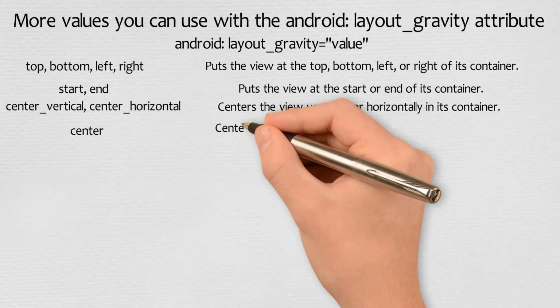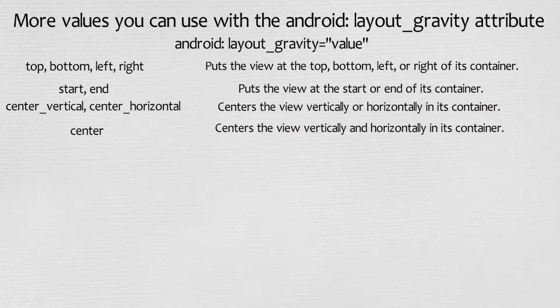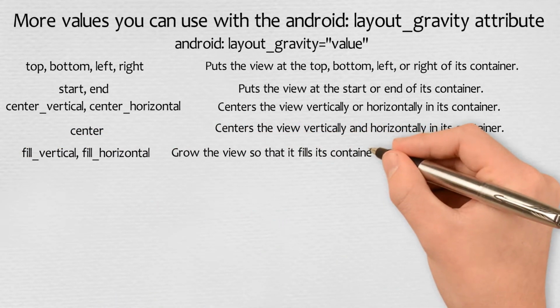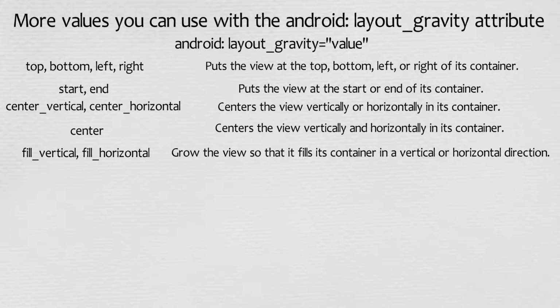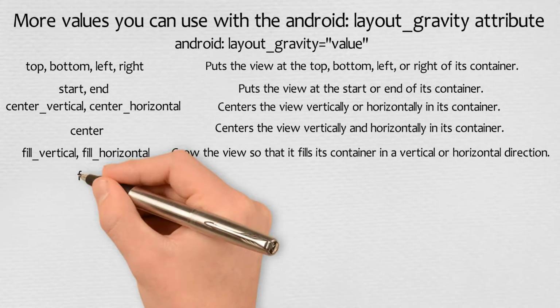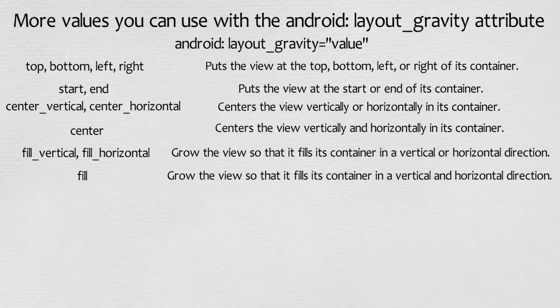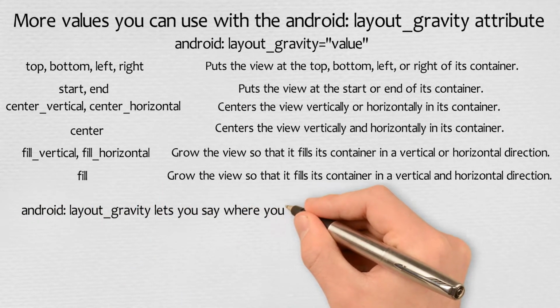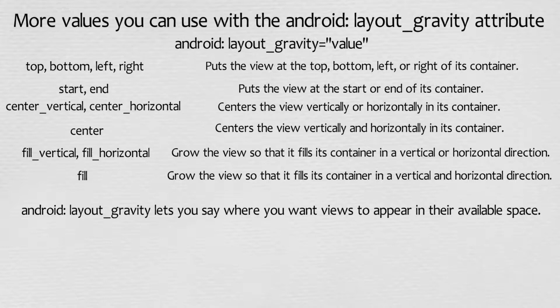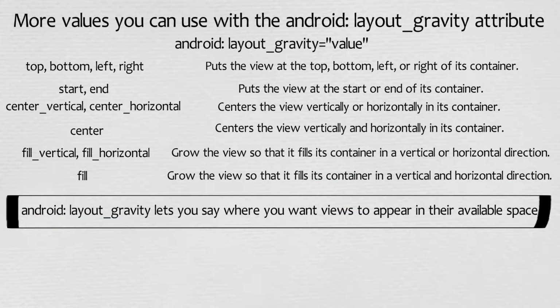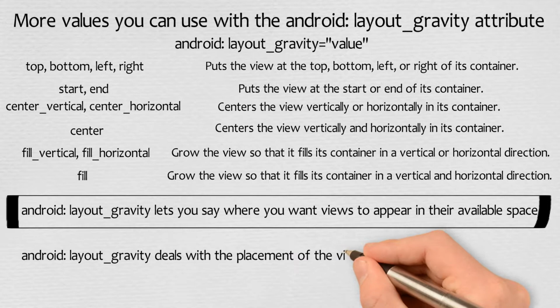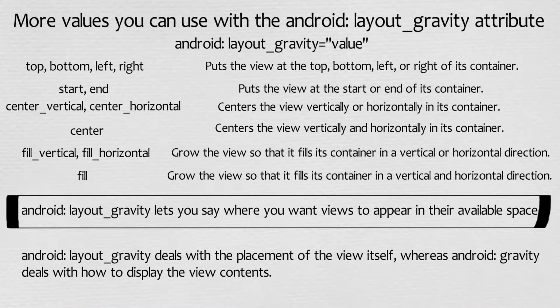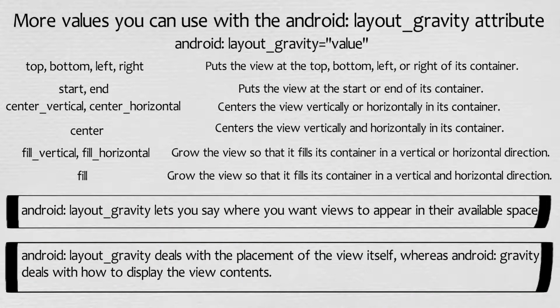Center centers the view vertically and horizontally in its container. Fill vertical, fill horizontal grow the view so that it fills its container in a vertical or horizontal direction. Fill grows the view so that it fills its container in a vertical and horizontal direction. Android Layout Gravity lets you say where you want views to appear in their available space. Android Layout Gravity deals with the placement of the view itself, whereas Android Gravity deals with how to display the view's contents.